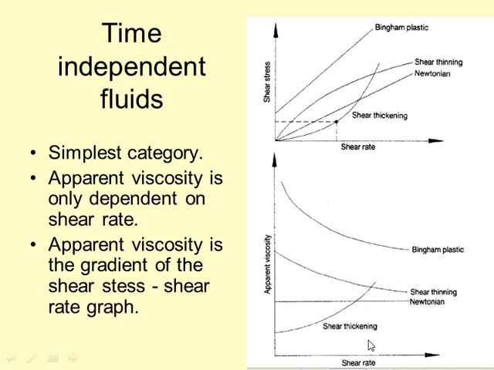An example would be tomato sauce in the bottle. If you turn it over, the tomato sauce doesn't flow out. When you turn it over, it's still within this range here, the shear stress does not exceed the yield stress, so it's still like a solid inside the bottle. When you shake it hard, when you hit it, the shear stress increases up to here, and only then it starts flowing. So that's an example of that.